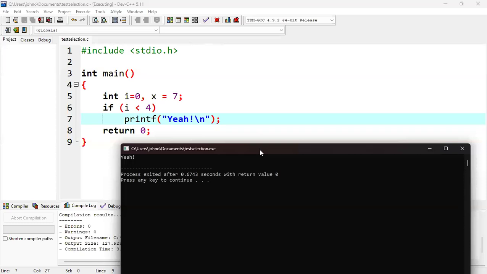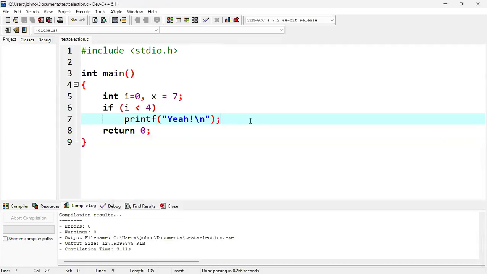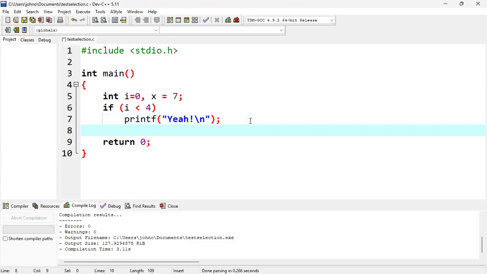What did we do? We set the value of I to be 0. If 0 is less than 4, print yeah. But if we have more, it won't print because it needs just one line.